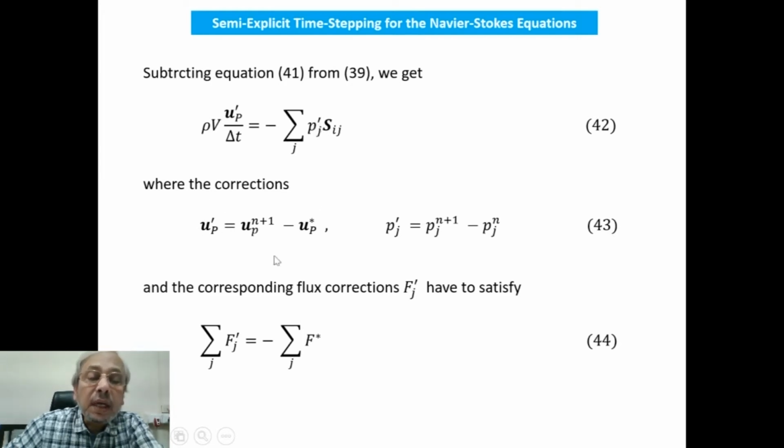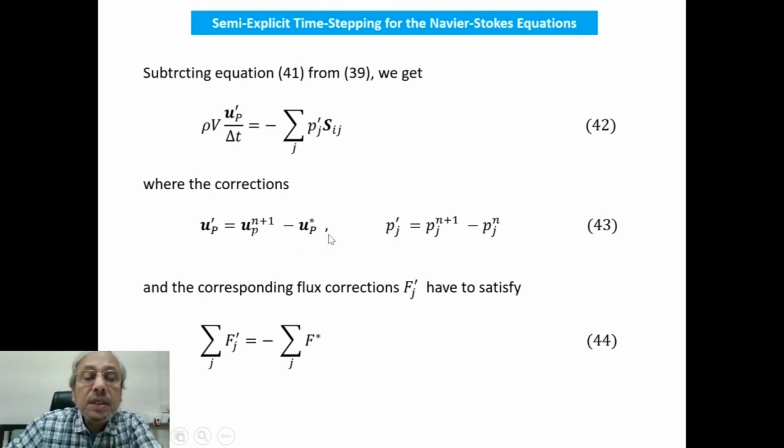Then what we said has been written here: u prime is u n plus 1 minus u star. These u's are all vectors, meaning they signify u, v, w. Then p prime is p n plus 1 minus p n at the jth cell or jth face. And then the corresponding flux corrections.